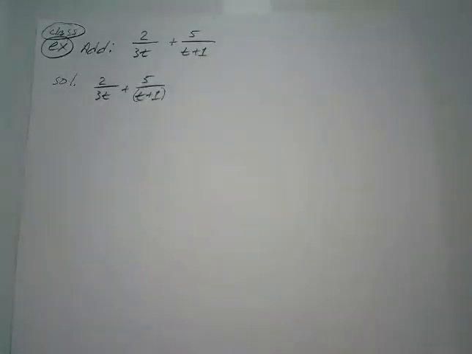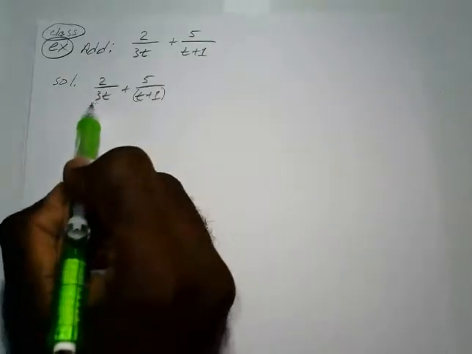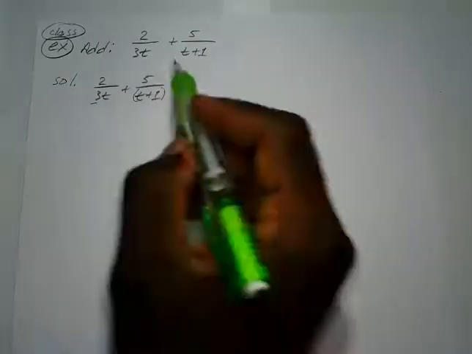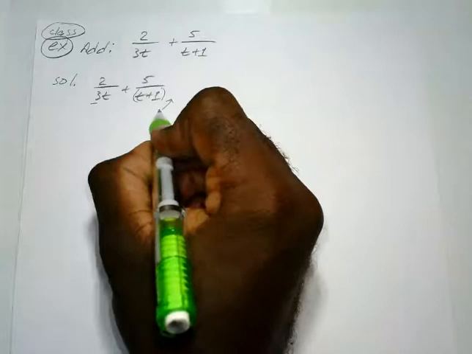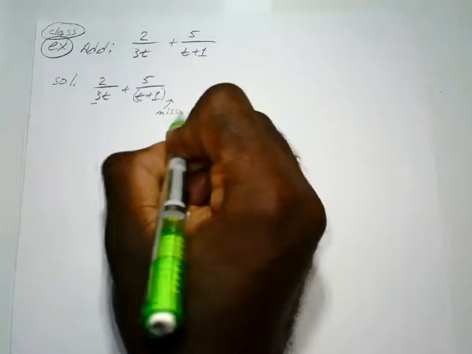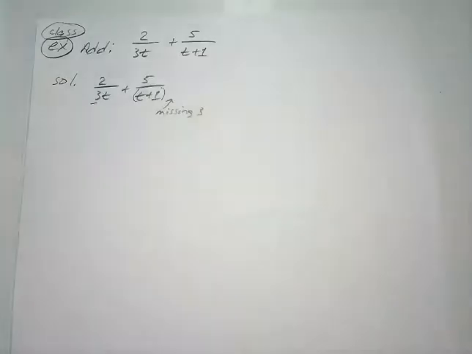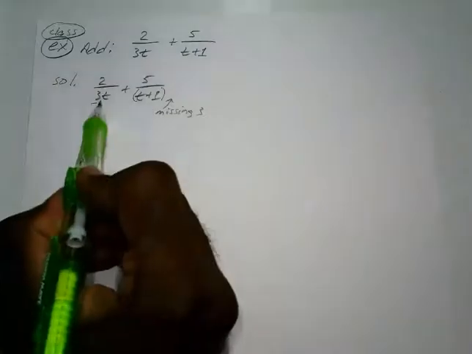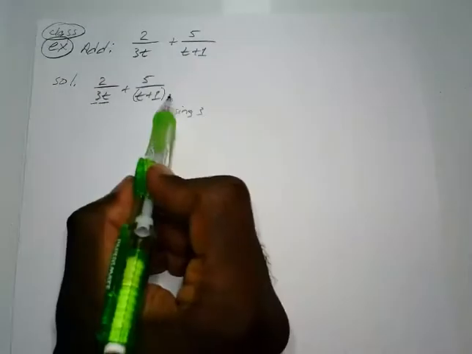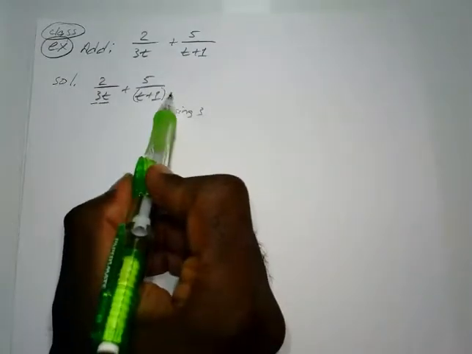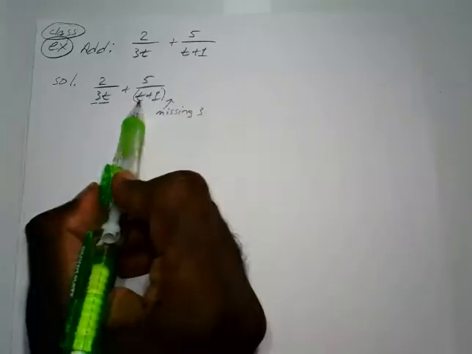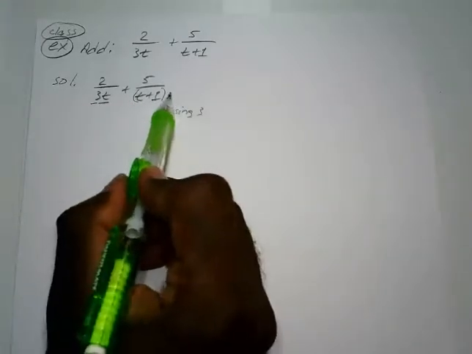Okay, so we see here you have a 3 on this side, but you don't have a 3 here. So this one's missing a 3. You have a t on this side, but you don't have a t on this side, at least not a factor. You have a t plus 1, but you don't have a t.